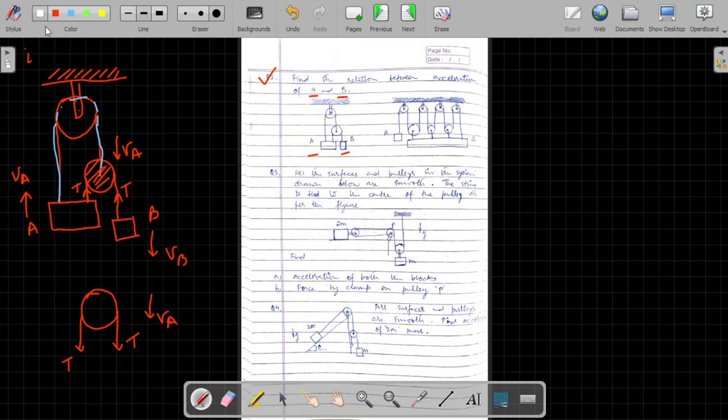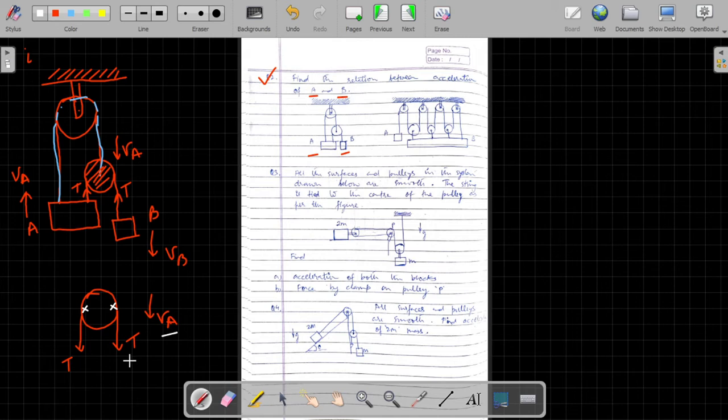Since the whole pulley is moving down with velocity VA, we have to consider the instantaneous power delivered to the points of contact, which we have already marked as 1 and 2. These two velocities have the value VA, and the tension in the string has the value T and T.